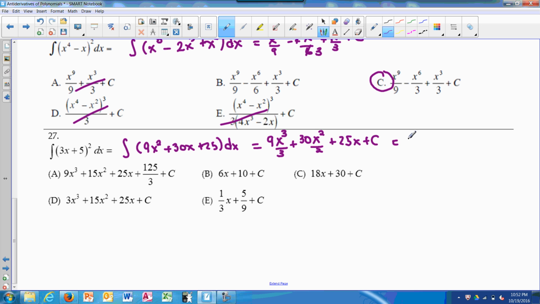So that simplifies to be 3x cubed plus 15x squared plus 25x plus c. D is the answer choice.